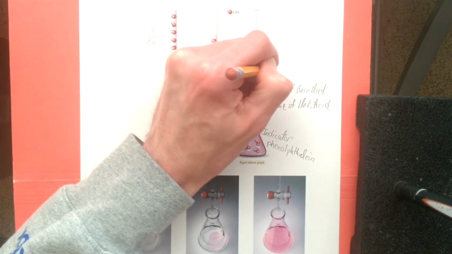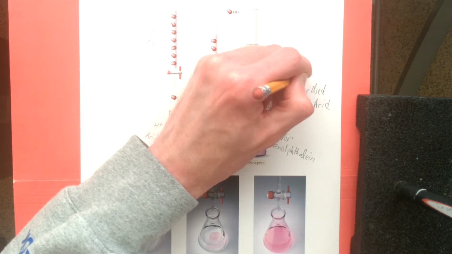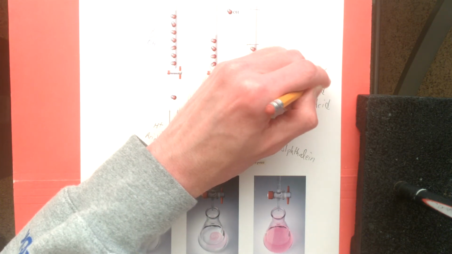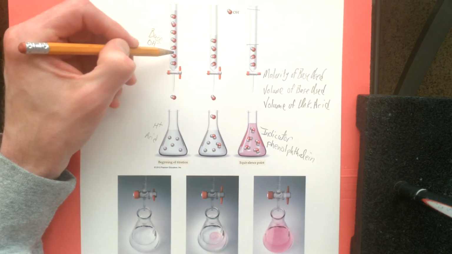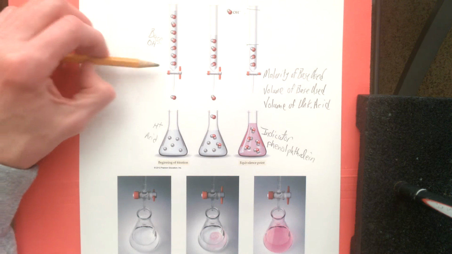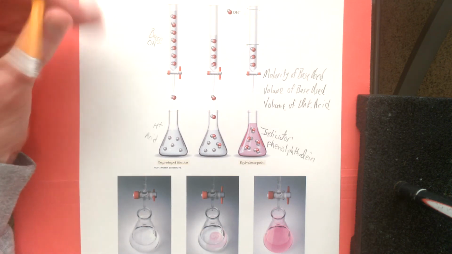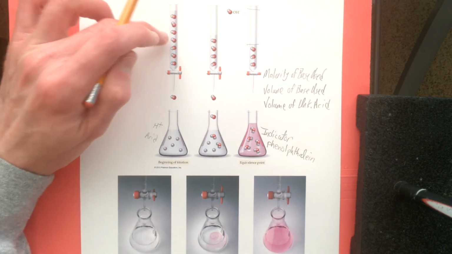Also, we know the molarity of the base used here. We know the molarity, the concentration of the base, because we predefined which base, how much base, and the concentration being used in this burette.